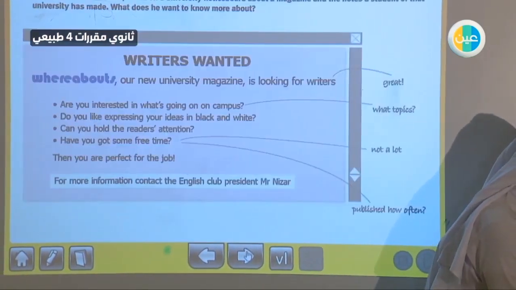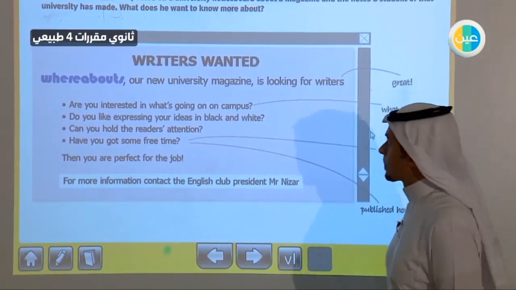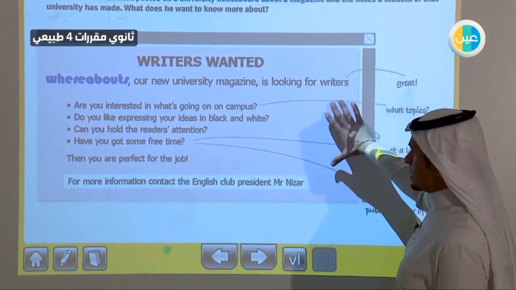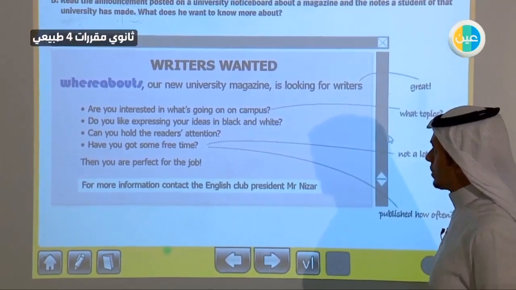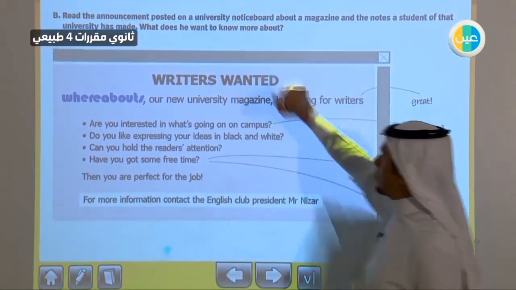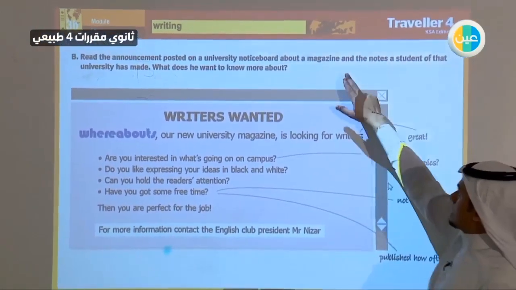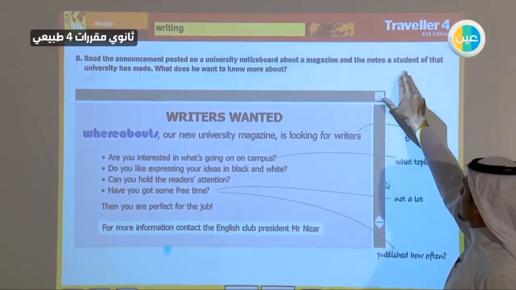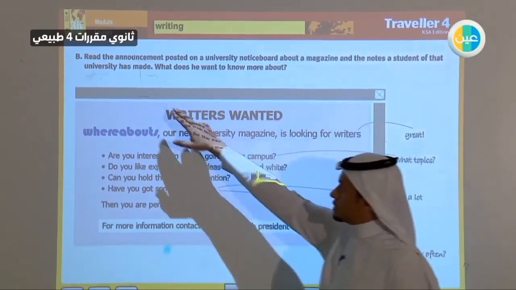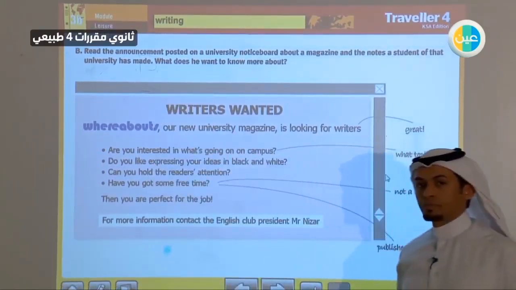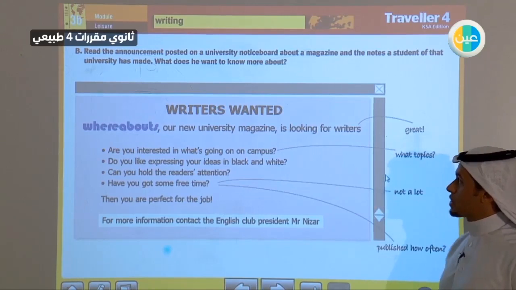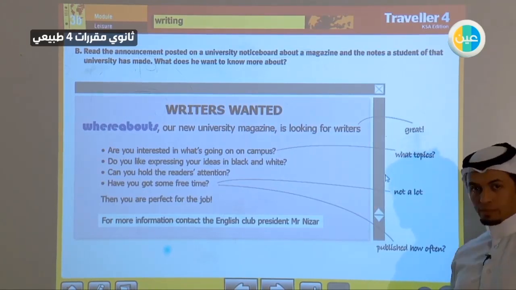Then read the announcement. The announcement was posted on a university notice board about a magazine, along with the notes a student of that university has made. What does he want to know more about?